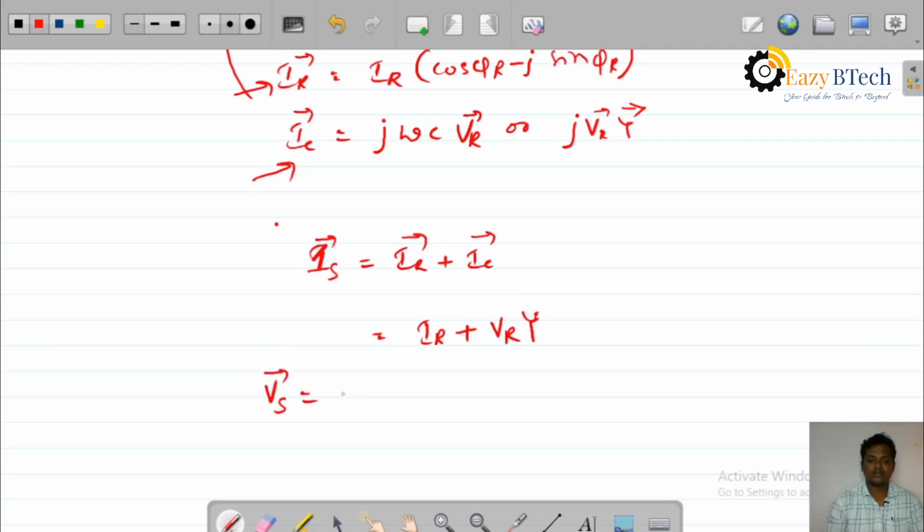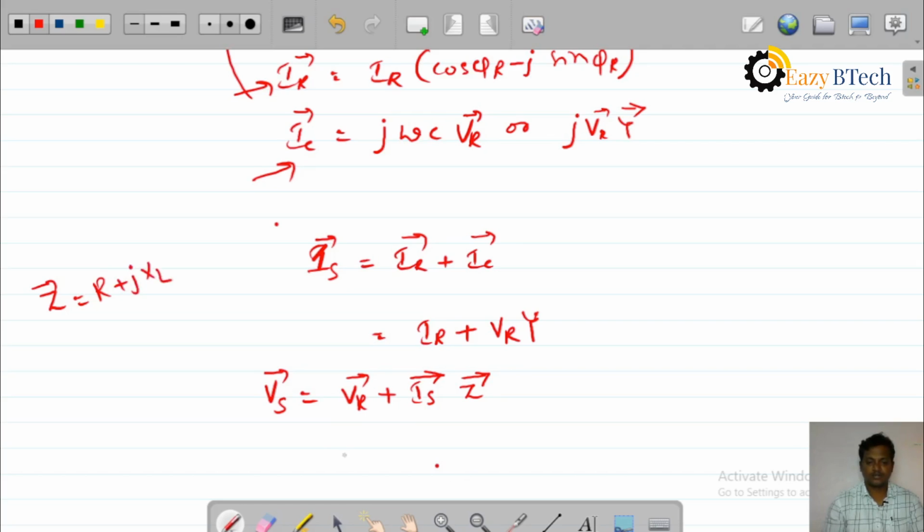VS vector equals VR vector plus the current flowing through the transmission line, which is IS, times the impedance Z, where Z vector equals R plus J XL. Okay.